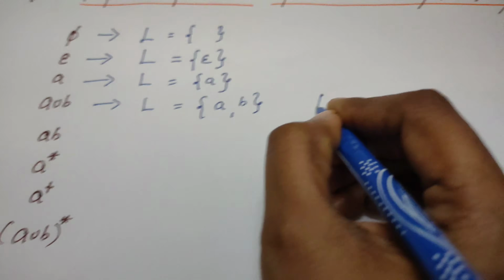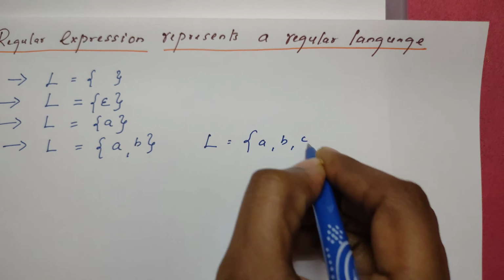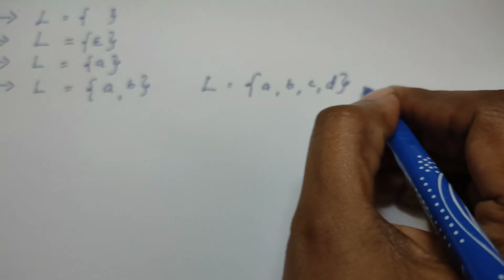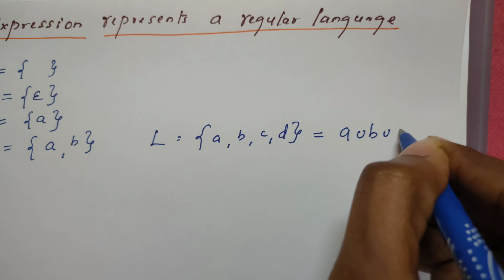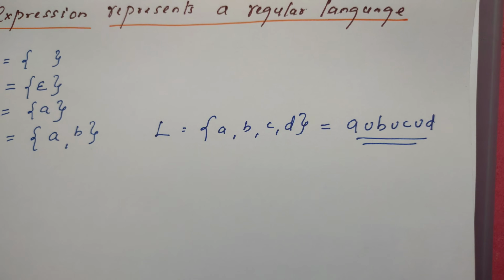Suppose a regular language contains the strings A, B, C, D. The corresponding regular expression for the language I can say is A union B union C union D.